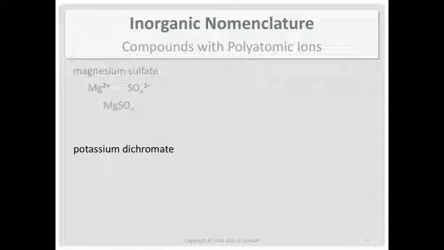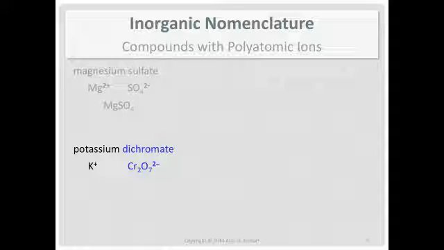Like with potassium dichromate, even if you don't immediately remember what the dichromate ion is, you need to remember that it is a polyatomic ion, because you won't find it on the periodic table. You'll find the potassium ion on there. There's the dichromate ion, Cr2O7, 2 minus.